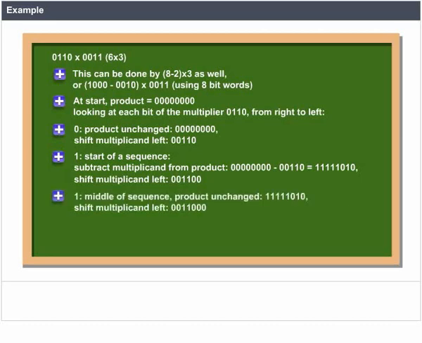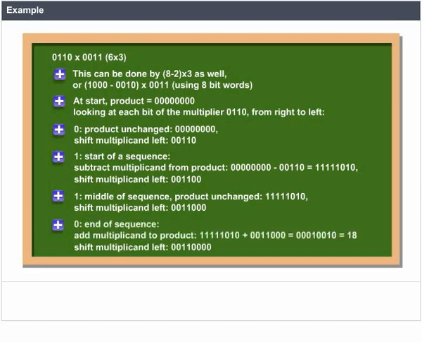001100. 1, middle of sequence. Product unchanged, 11111010. Shift multiplicand left, 00110000. 0, end of sequence.